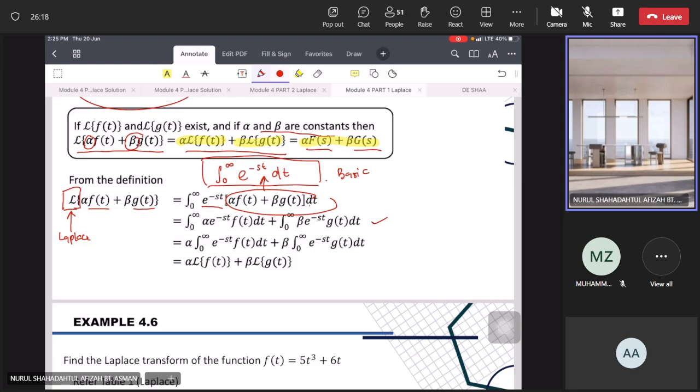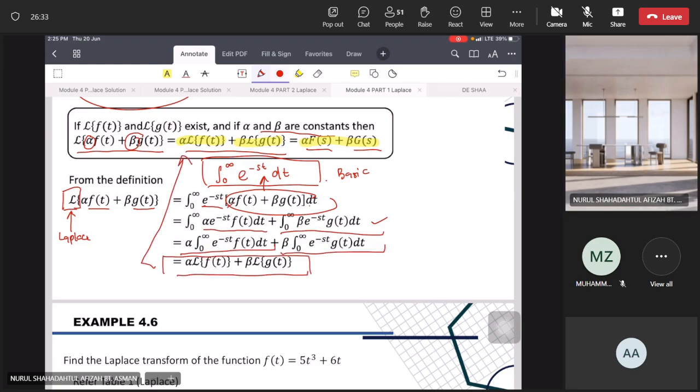So we have two integrals here, and we can summarize it into this one. So these are the steps on how you get from this to this one, the Laplace.